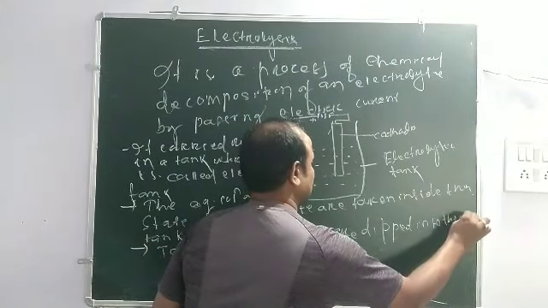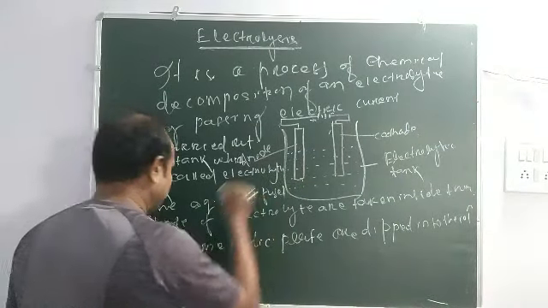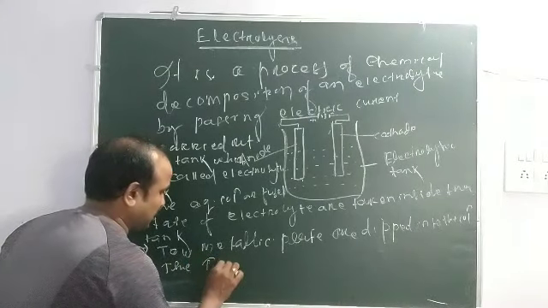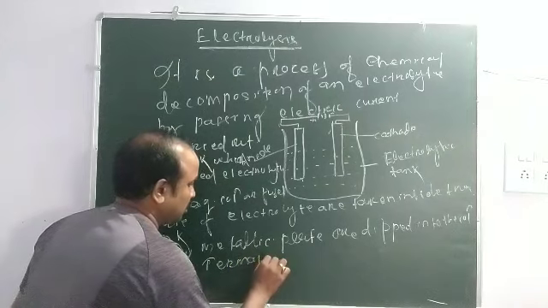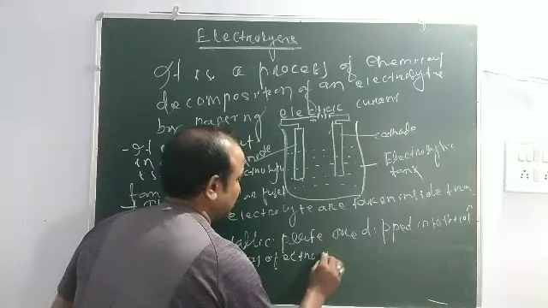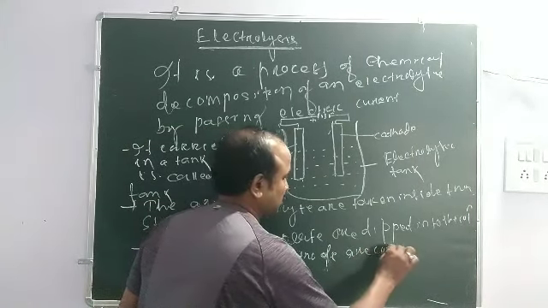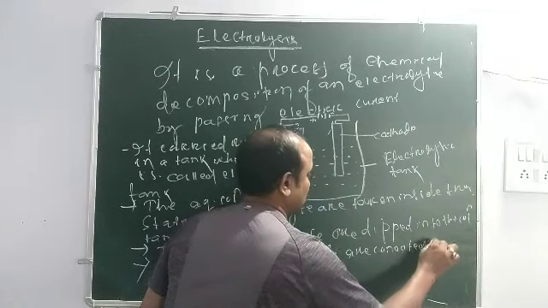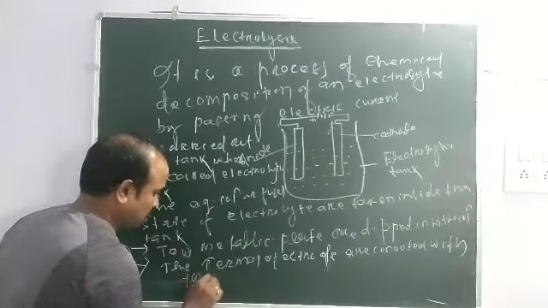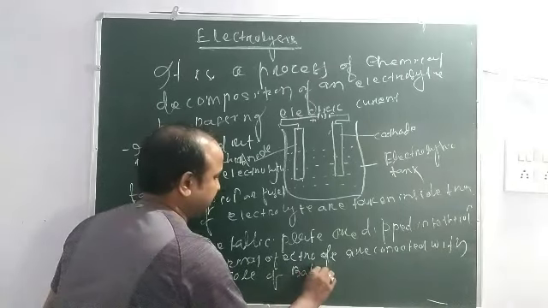Third, the terminals of the electrodes are connected with the two poles of the battery.